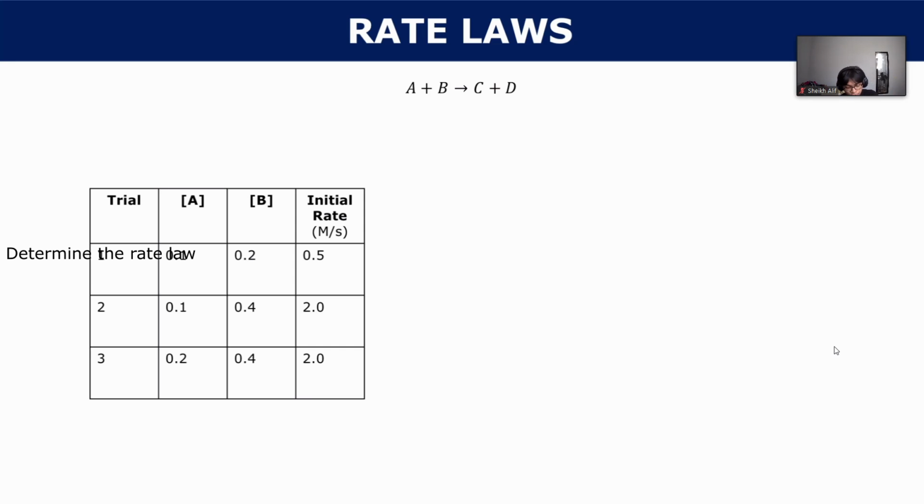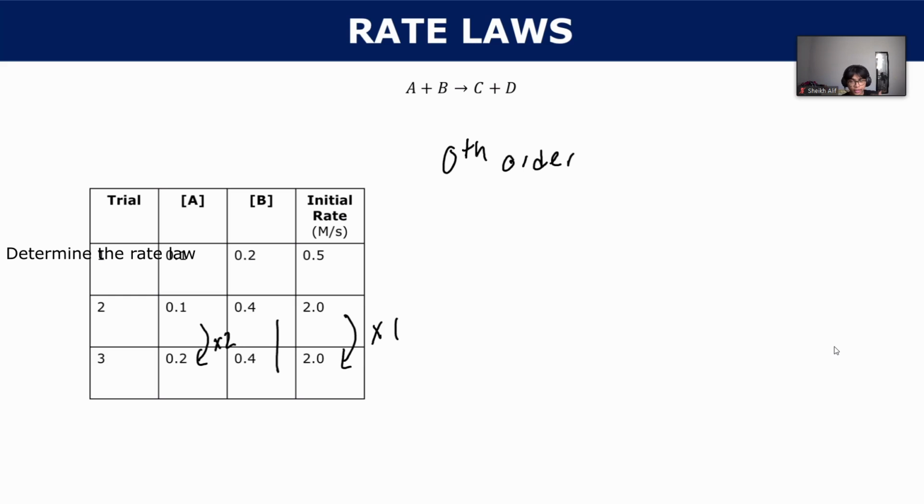So in trial 2 and 3, the concentration of B is held constant. On the other hand, the concentration of A is doubled, but we see the initial rate has not changed at all. It's going to be times 1. And so when the concentration doubles without the rate changing at all, we say that's zeroth order.